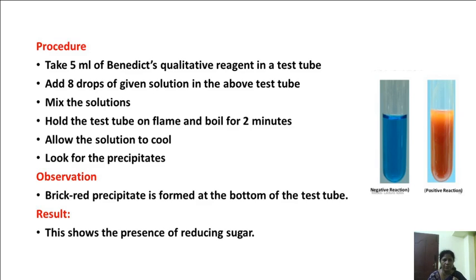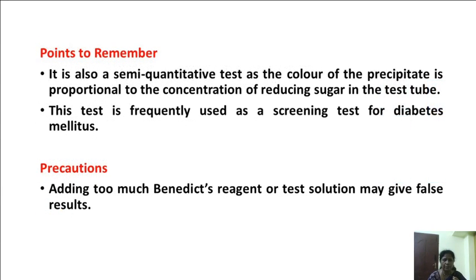Mix the solution and hold the test tube on flame and boil for 2 minutes. Then allow the solution to cool and look for the precipitates. If brick red precipitate is formed, this shows the presence of reducing sugar. So from the formation of brick red precipitate, we can confirm the presence of reducing sugar.